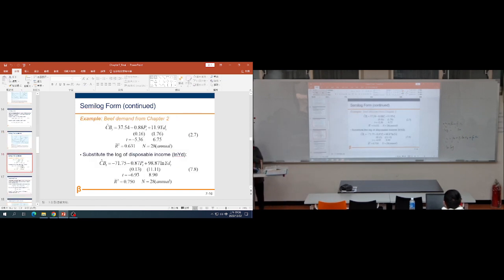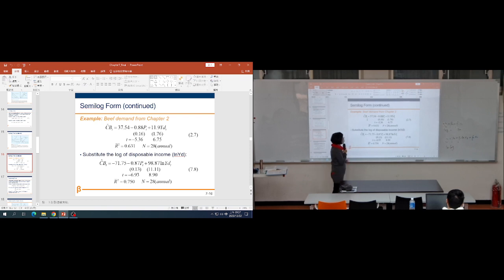Okay, we have the examples in our textbook. Look at this one. This is a beef demand. This is the consumption of beef, and this is the price, and this is the disposable income. So this is the regular linear form.